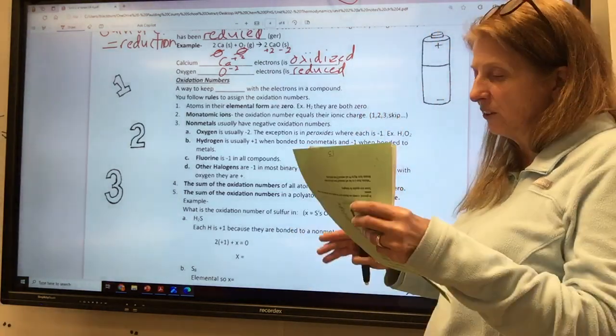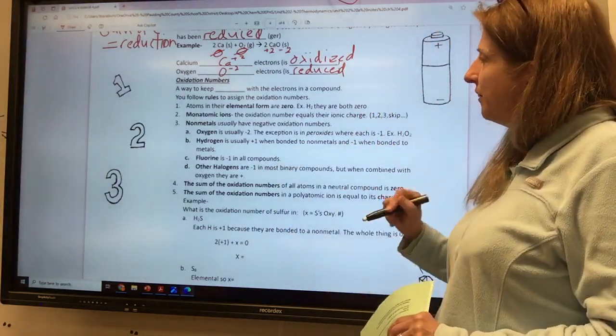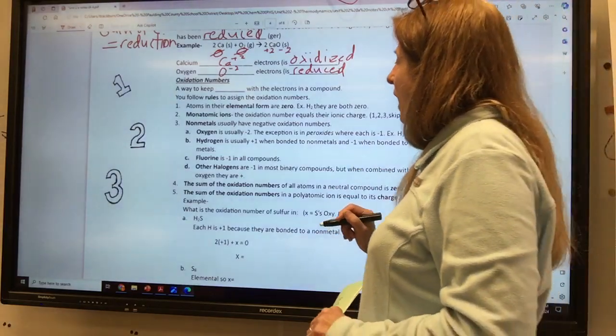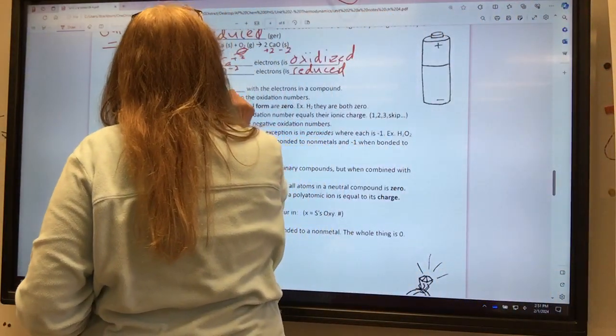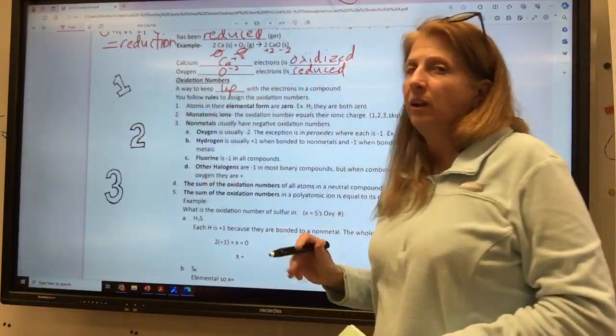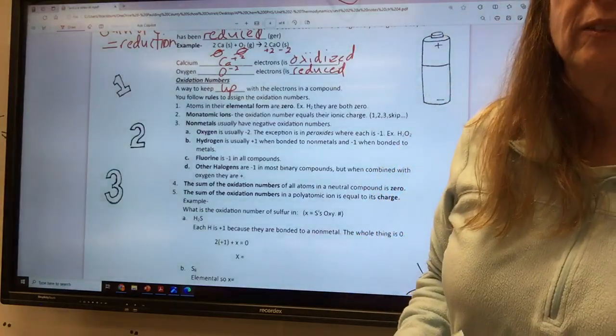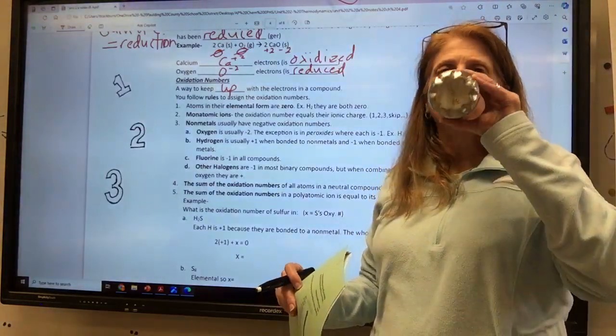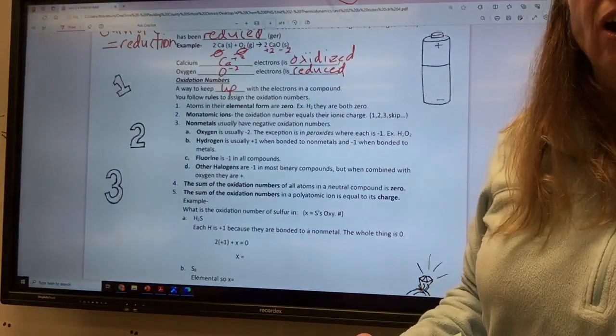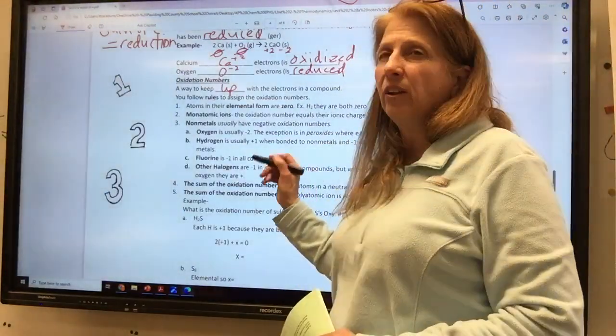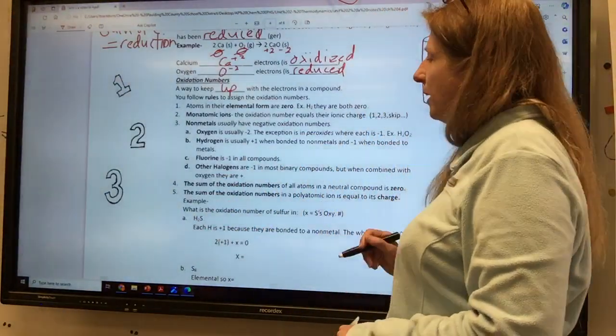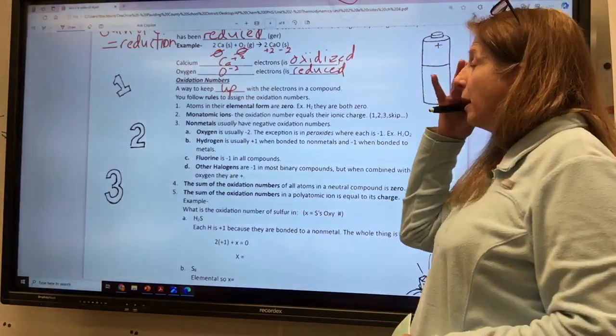Okay, so we are going to learn how to assign oxidation numbers, and it's a way to keep up with the electrons in the compound that must be conserved because of the law of conservation. And all it is a list of rules you apply. Okay, rule number 1. I'm going to go over them quickly and then I'll show you how to apply.